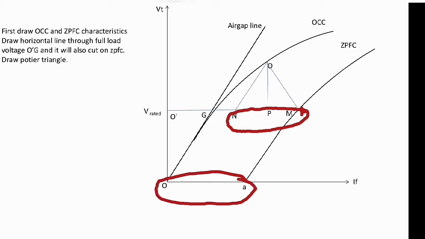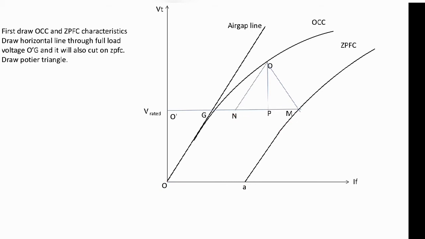So MN equals OA, and here we get the point N. Through this N we draw a line parallel to the air gap line, and where it cuts the OCC at O, we draw a line from O and meet it at point M. So OMN makes a triangle actually.